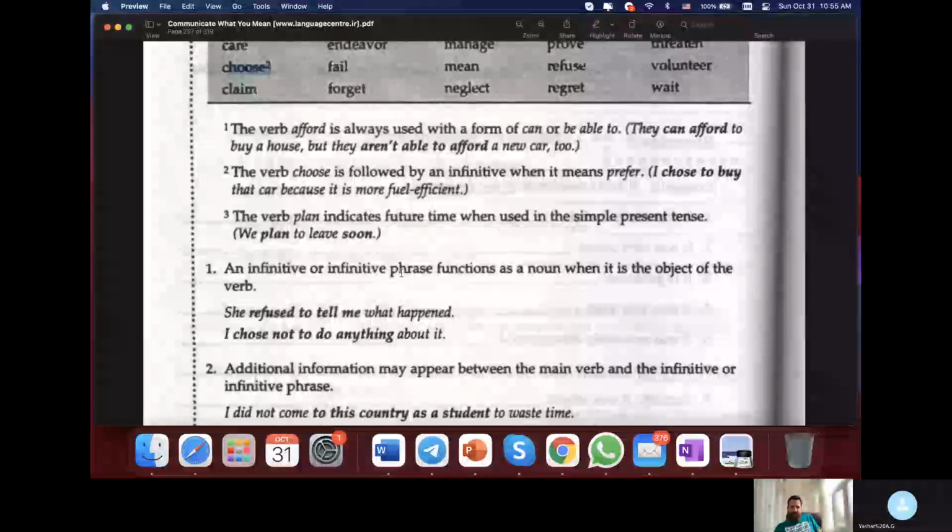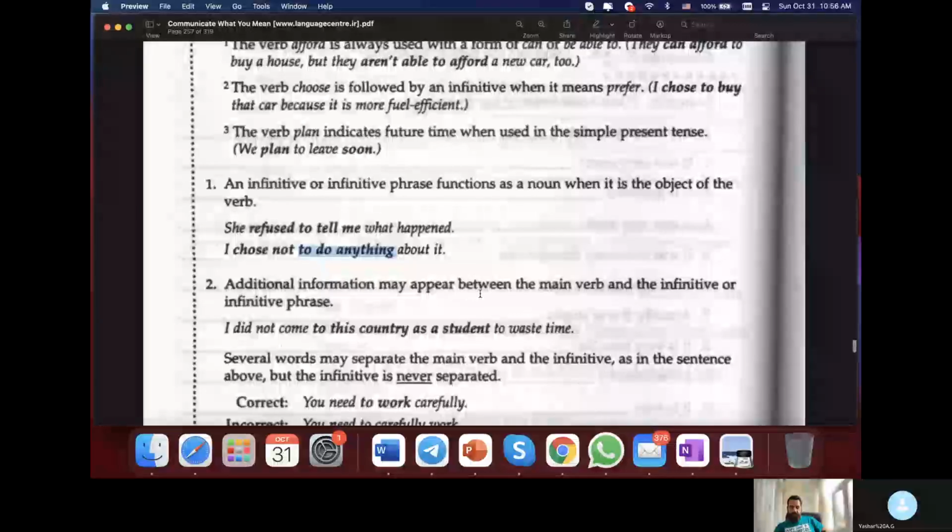An infinitive or infinitive phrase functions as a noun when it is the object of the verb. I told you. She refused to tell. I chose not to do anything. It is the object. Additional information may appear between the main verb and the infinitive or infinitive phrase.